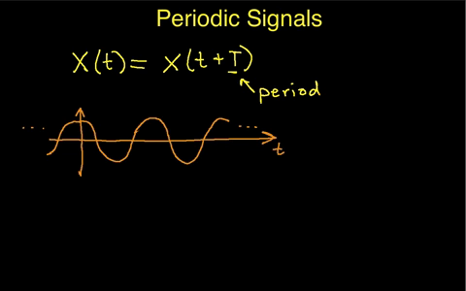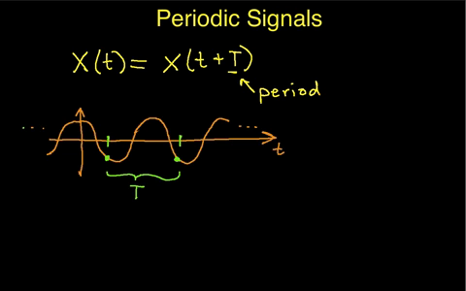Okay, so the idea that this signal is periodic means that if I look at some particular point in time and see what the value of the signal is at that point in time, if I go one period along the time axis and look at the signal, so one period of this signal appears to me to be about here, this value and this value are the same. Okay, that's a periodic signal, and the period here is T.